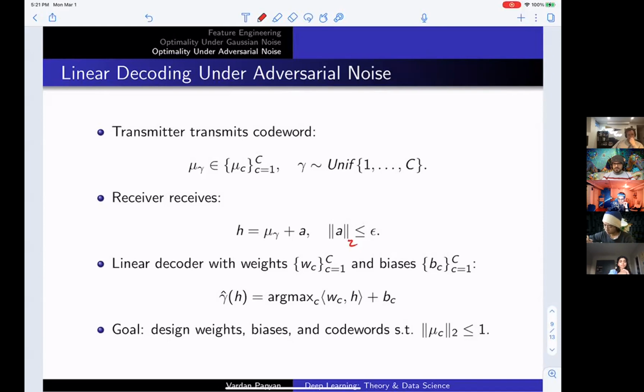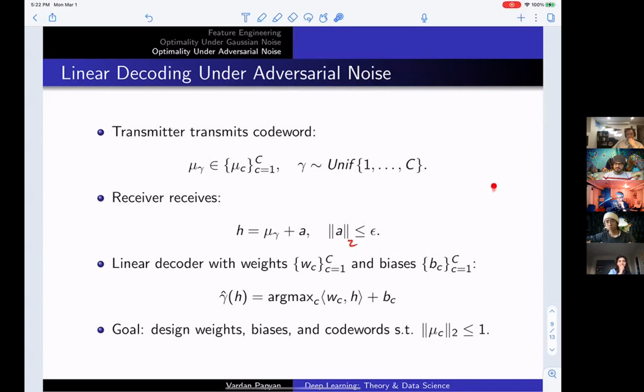And then imagine that you have the ability to design the last layer classifier, bias, and also the code words. And again, you are bounded to class means which have less than one L2 norm. Is this, Gina, the problem that you had in mind? It is somewhat. Not quite.